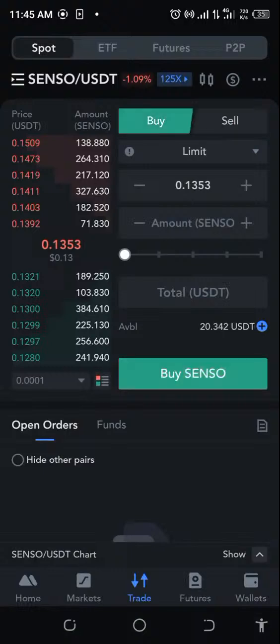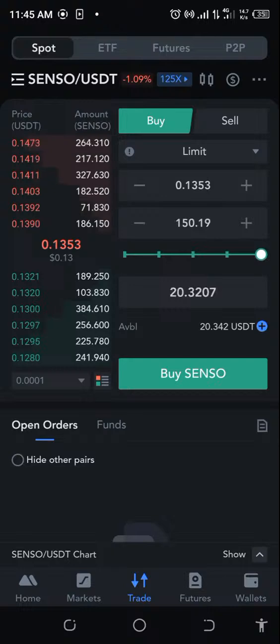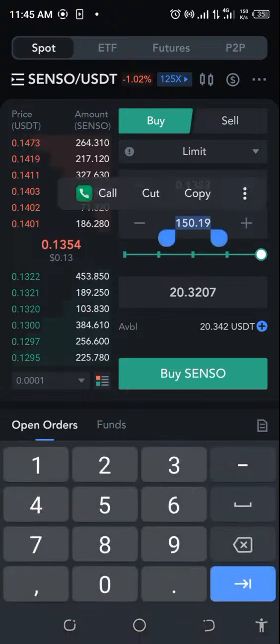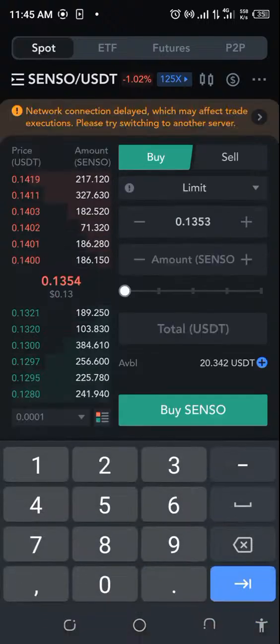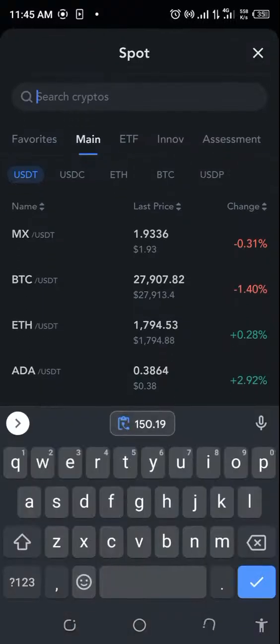Maybe with that, I could see whether that would be a better option. You can see now it's gone down to 150.19. Okay, so let me try and copy this. Cut that and then go to Senso ETH.